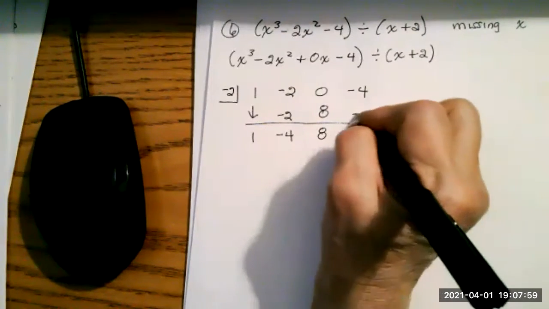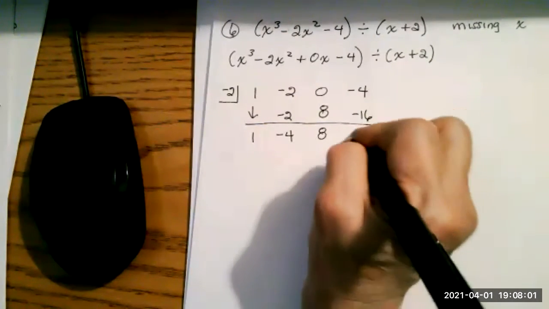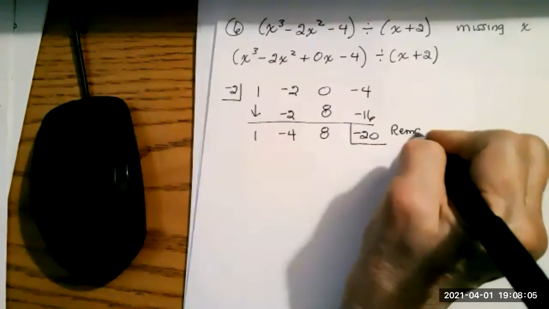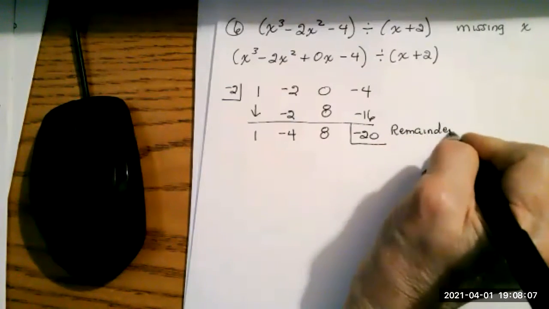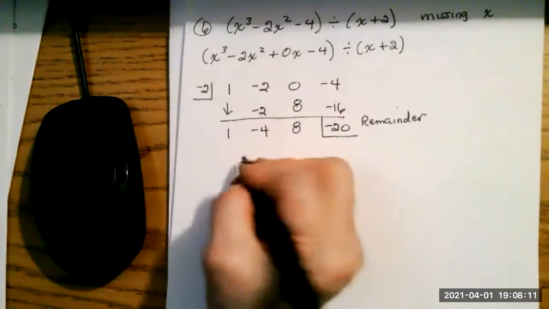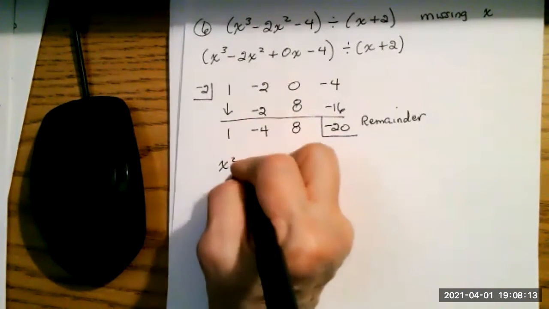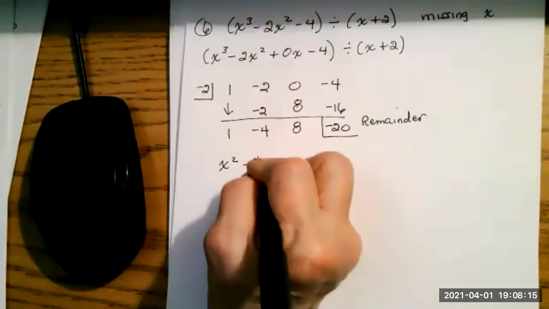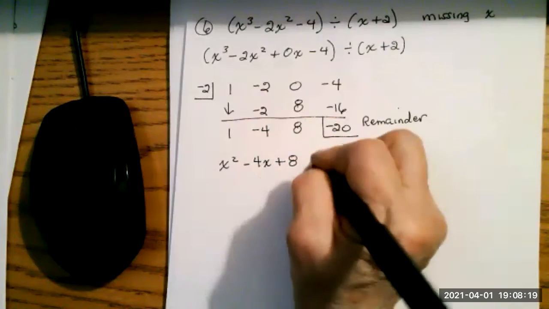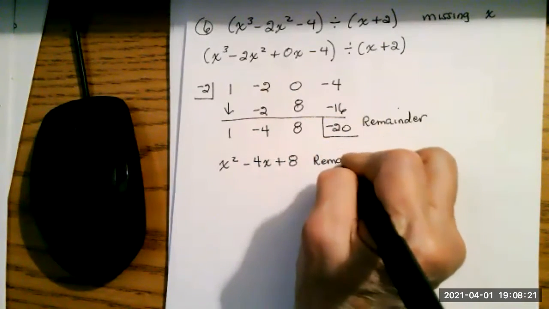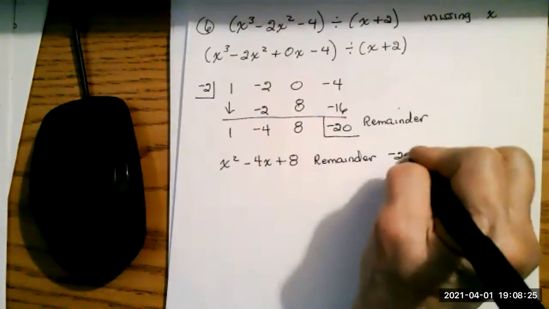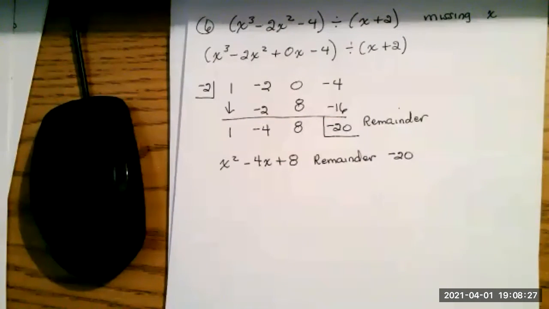Negative 2 times 8 is negative 16. So it looks like we get a negative 20 for our remainder. And I have x squared minus 4x plus 8. And this time they do something different. They write out the word remainder, negative 20, and just write the whole thing out.